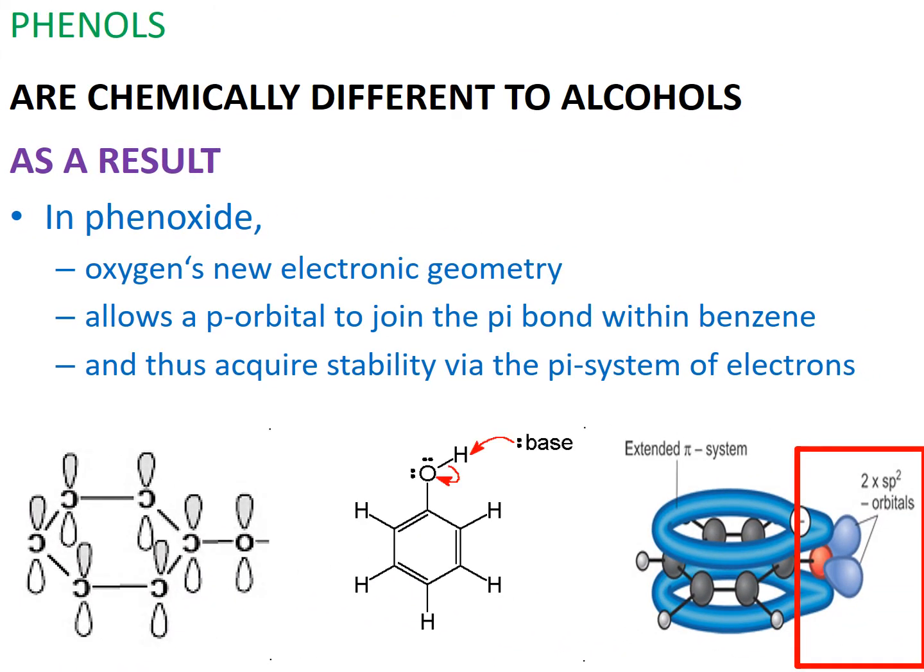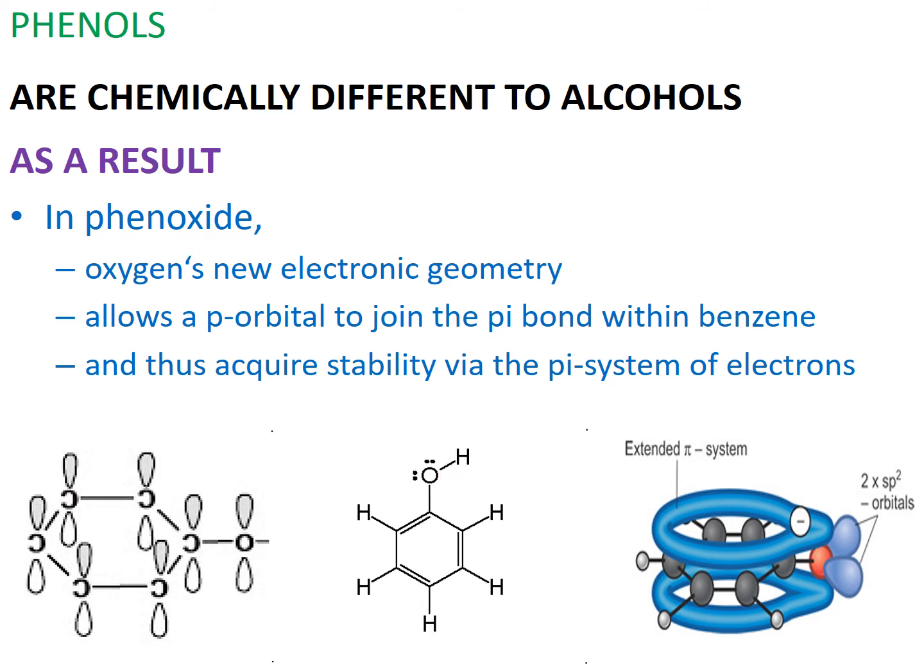And as a result, the oxygen in phenoxide is now surrounded by 3 areas of electron density, which repel each other as far away as possible. This new electronic geometry allows a p orbital to join the pi bond within benzene and thus acquire stability through the pi system of electrons.